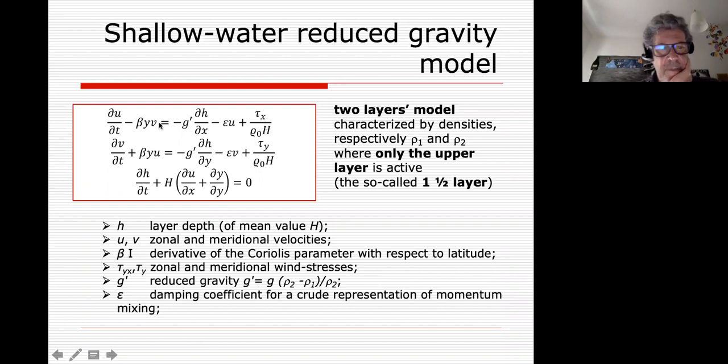The Coriolis term here is approximated through the beta plane, and as I told you, one of the most common approximations made here is the fact that since Coriolis is zero at the equator, what can have a major role is its gradient.